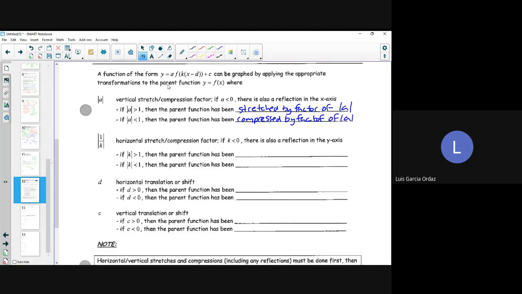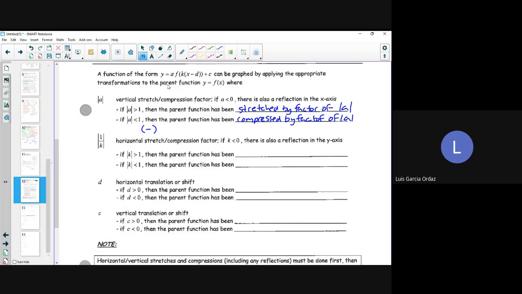And like it said on the top, if we have a negative in front of the a, it is going to be reflected in the x-axis, okay? So all negatives are compressed? Not all negatives are compressed, because it said that if the absolute value of a is less than 1.